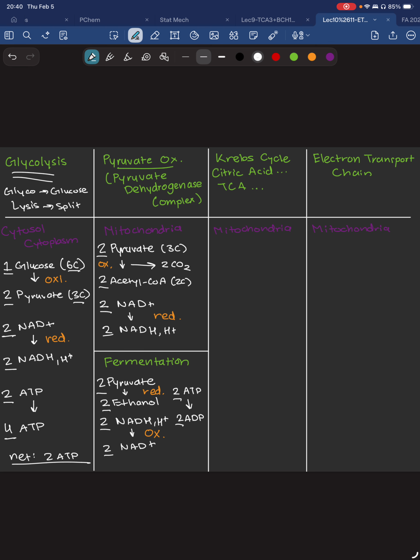Moving on, we're going to take this acetyl-CoA that we just made, and you guessed it, it's going to be the next input. Acetyl-CoA will go into the Krebs cycle, turning eventually into 4 carbon dioxide. Now, this is technically an oxidative process. Let's do the counting here, right? 2 acetyl-CoAs, 2 2-carbon molecules, are turning into 4 1-carbon molecules, right?